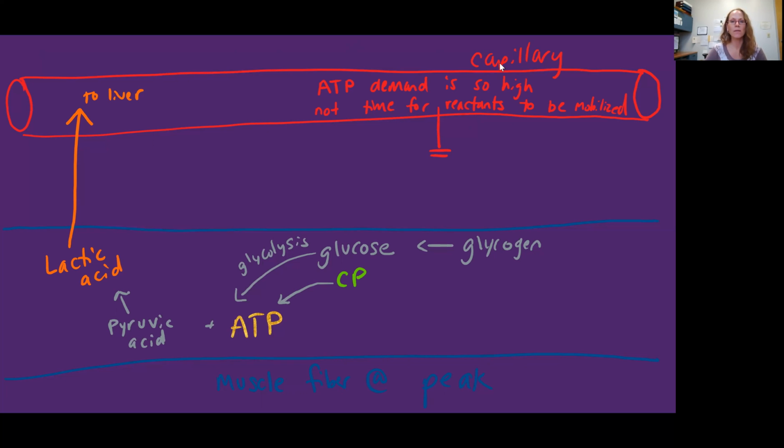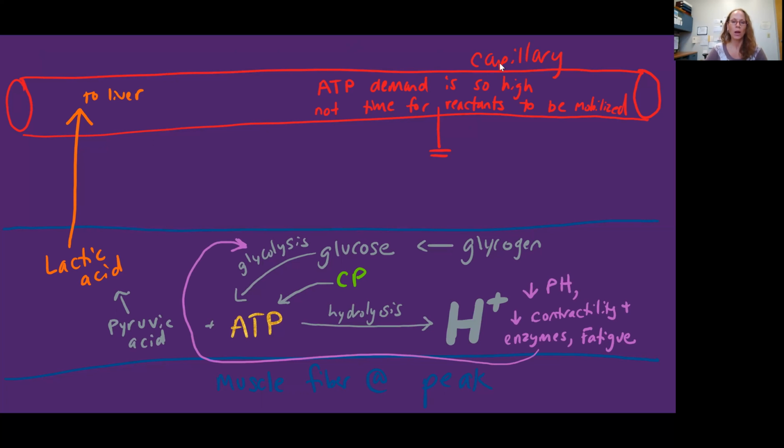You also have that store of extra phosphate or extra energy in the form of that creatine phosphate molecule. So you're going to use that to make some more ATP. The hydrolysis, the breakdown of that ATP that's being used by the cell, is going to increase your hydrogen ion concentration, which is going to lower your pH.